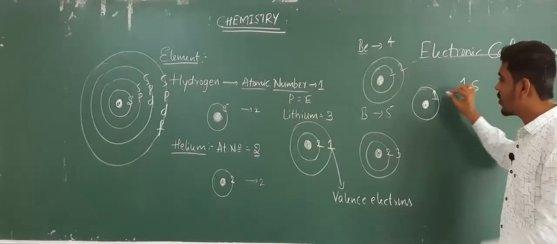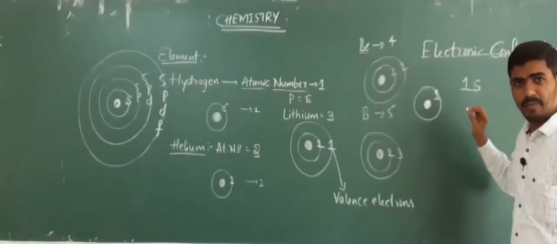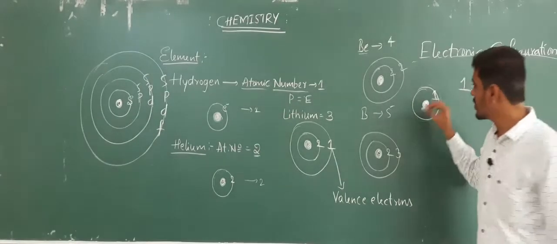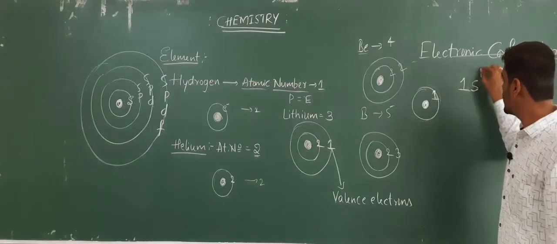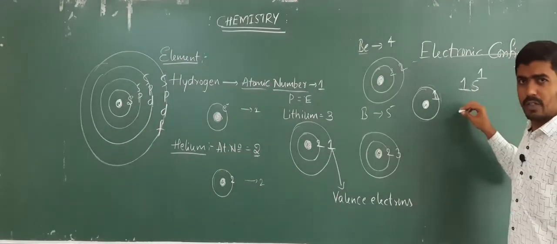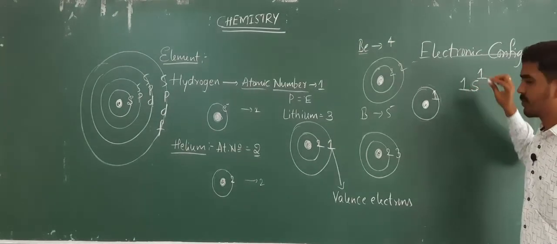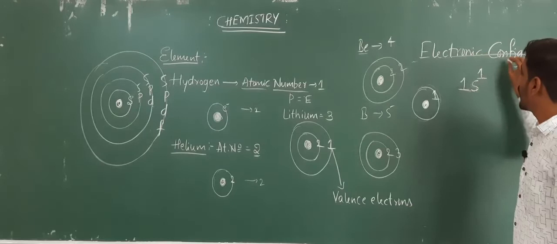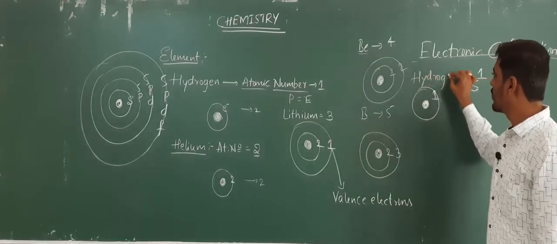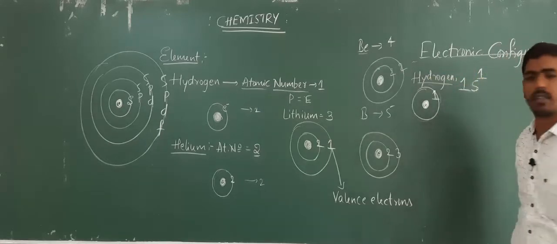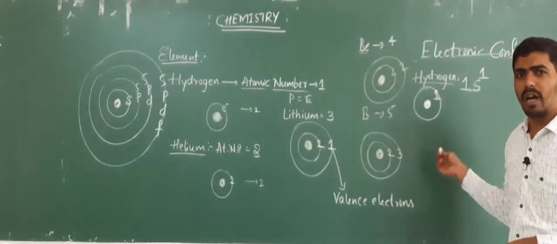Since the electron is present in S subshell, I will write it as S. And how many electrons are there in S subshell here in the hydrogen atom? It is 1. One electron is there, that you have to represent here. So 1s1. This is the electronic configuration of hydrogen atom. So this is how we can write the electronic configuration of an element or atom.